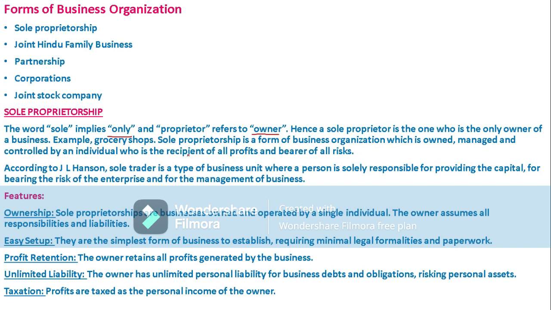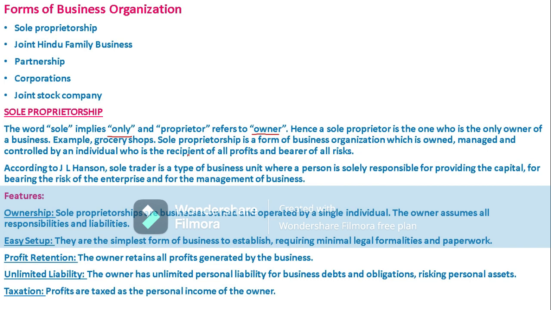Okay, so a sole proprietor is the one who is the only owner of a business, where he owns the business, he manages the business, and finally he controls the business. He is the recipient of all profits and at the same time bearer of all risks also. Okay, so this is about the sole proprietorship.